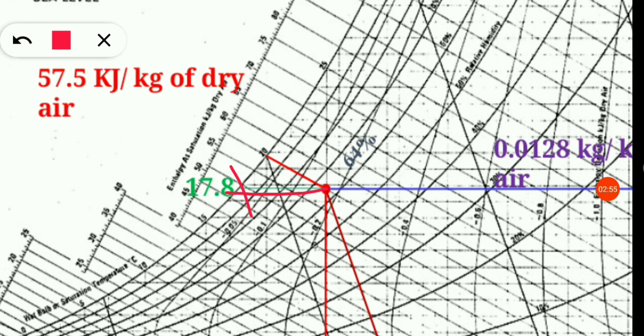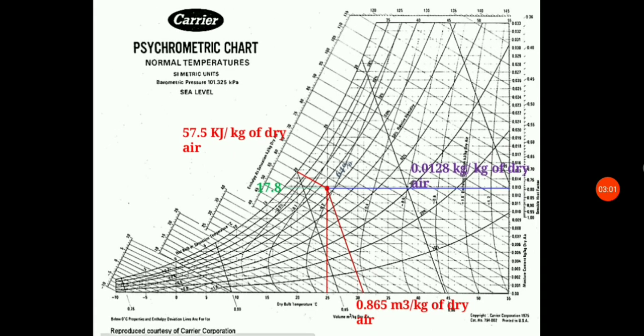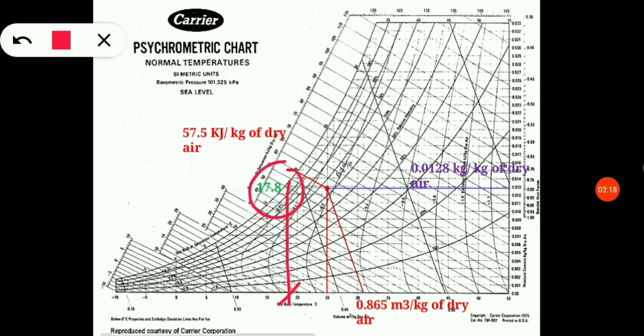Now from this point on the saturation curve, we have to draw a line vertically downward. It will cross the dry bulb temperature line, and the point shows us the dew point temperature. So basically it comes out to be 17.8 degrees Celsius. So the dew point temperature of the given room air comes out to be 17.8 degrees Celsius.